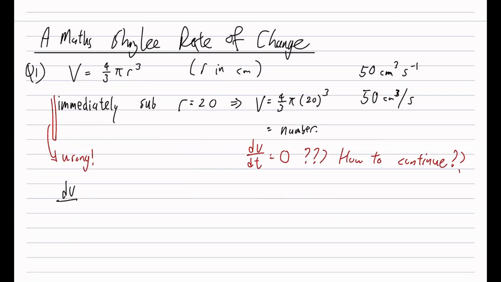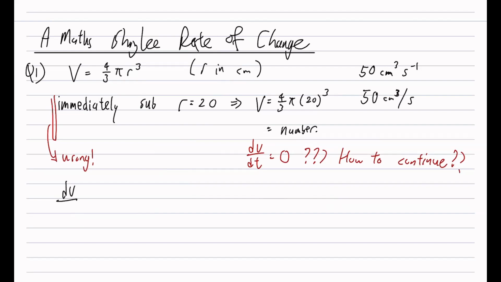But here, we have a special trick. Whenever you see r over here, it means that r is a variable now. And from the context, it's also clear, right? As a child blows air into the balloon, it will grow in size. So the radius is always changing, correct? The breath of the child is like 50 cm³ per second.